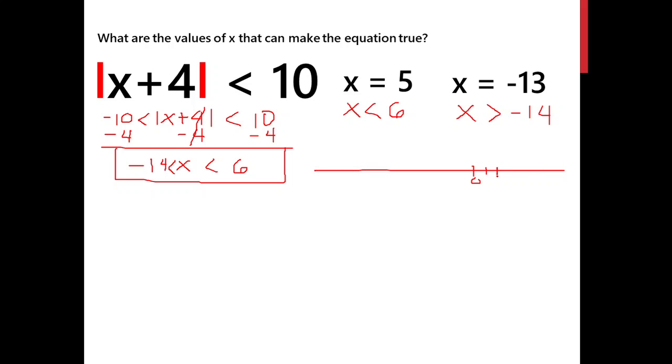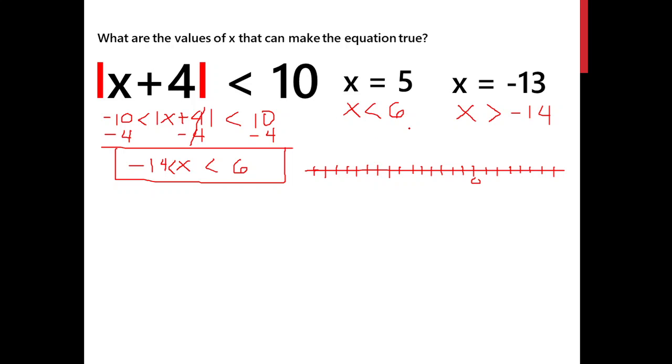So that's 1, 2, 3, 4, 5, 6. And my negatives, that's 1, 2, 3, 4, 5, 6, 7, 8, 9, 10, 11, 12, 13, 14. I'll add one more, 15. And I'll add one more here.